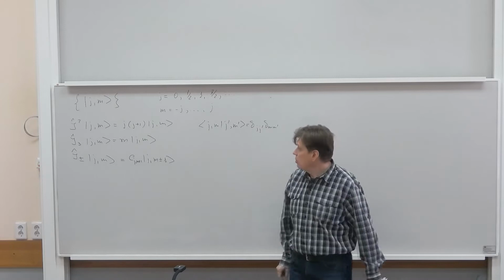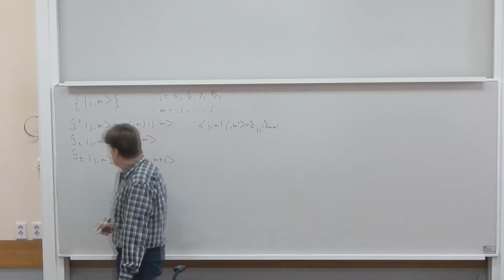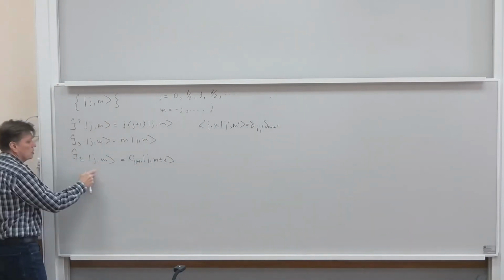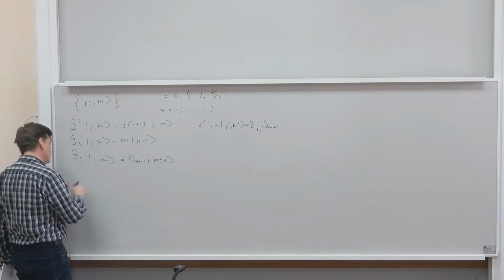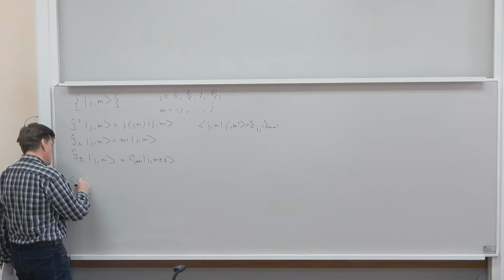And to do this, let us compute the norm of the vector on the right. This is given by the expectation value of the following operator.